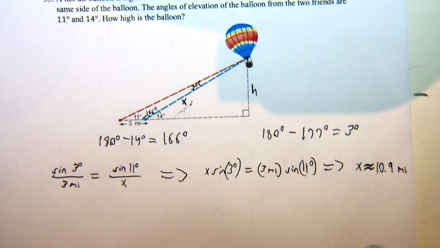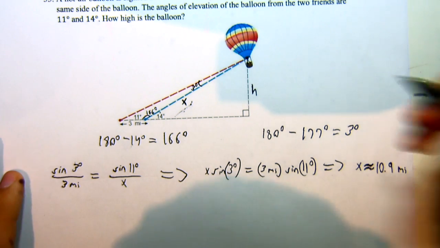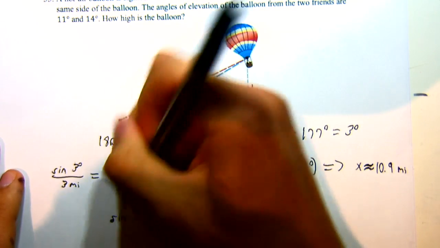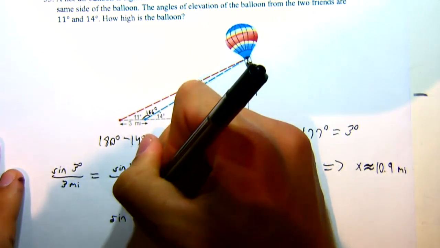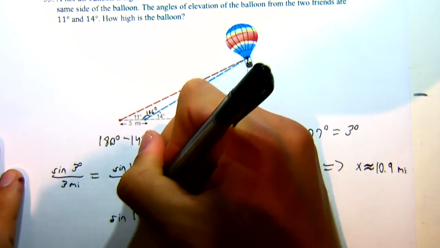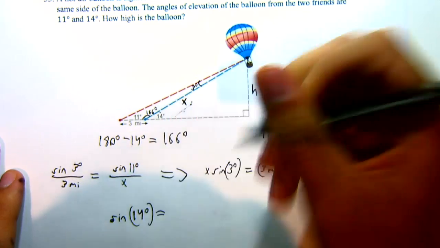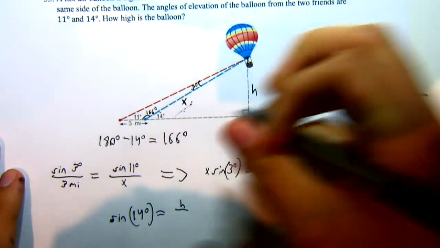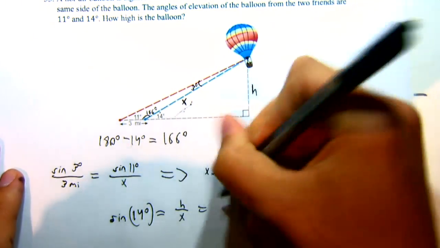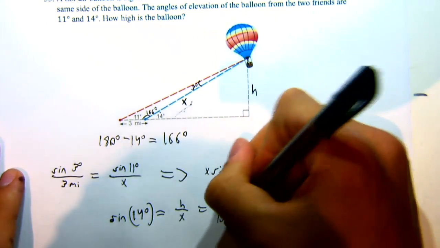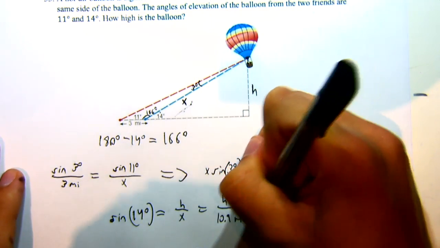Alright, so now we're still not done. We can now use that to find h. So sine of 14 degrees is equal to h over x, which is h over 10.9 miles.